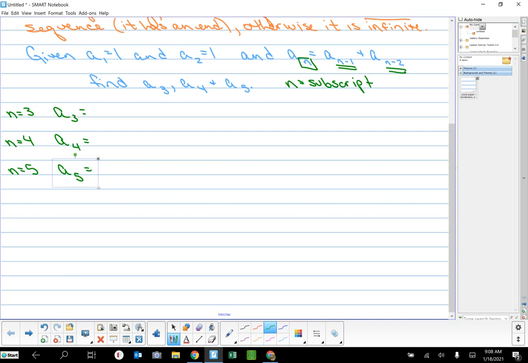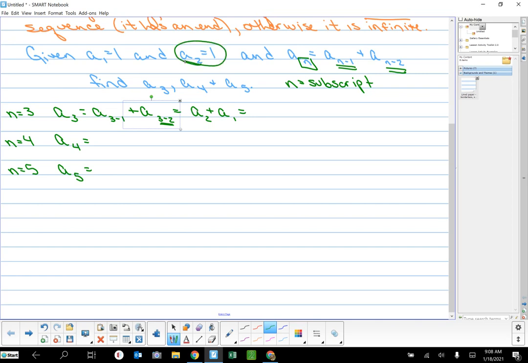So we're going to go a sub n minus 1, which means a sub 3 minus 1 plus a sub 3 minus 2. And then if we figure out what that is, well, 3 minus 1 is 2, so a sub 2, and 3 minus 2 is 1, plus a sub 1. And we were given these values in the original problem.